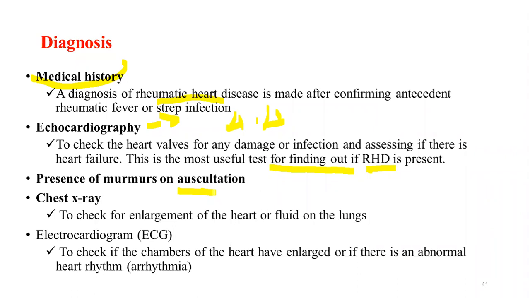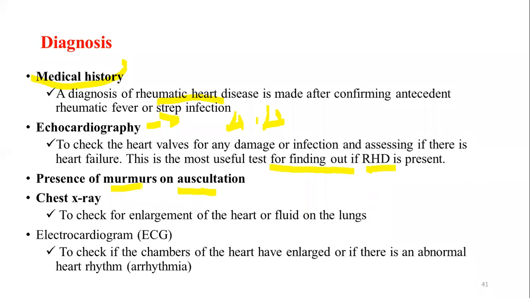Murmurs are abnormal heart sounds that can be present on auscultation. So if there is a murmur, that is also an indicator there is some problem in the heart valves.